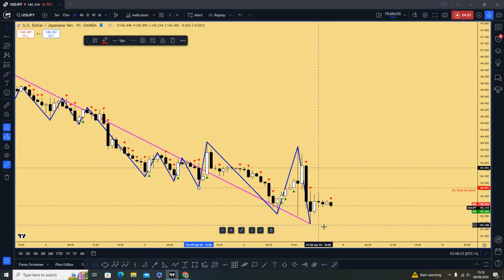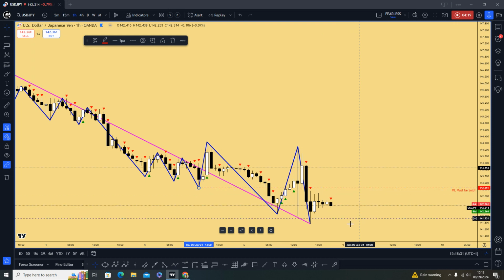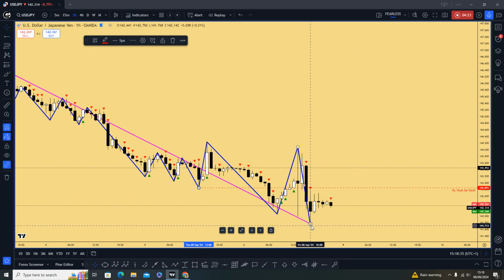We can't think of buying anything where we are right now. If this thing continues, here is an opportunity for us to sell, unless the price comes above 144.25. So we expect this thing to give us a pullback, and for sellers to come in again, because we have a high probability that this trend is continuing lower.